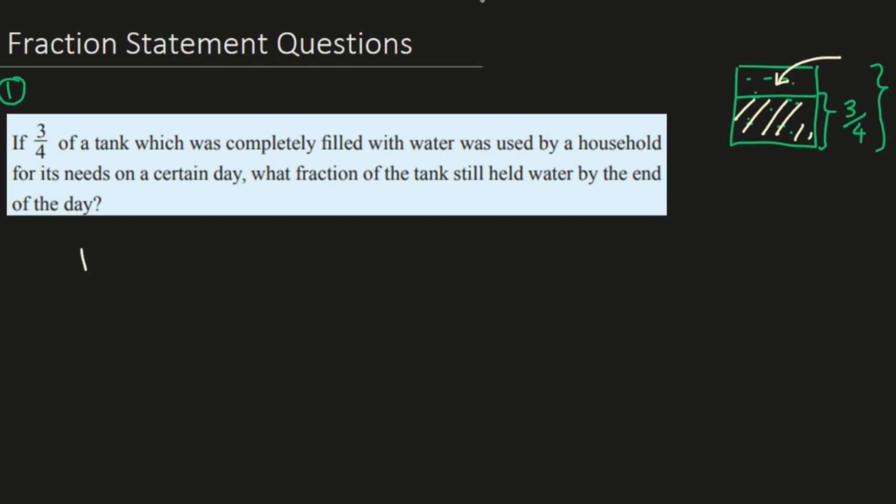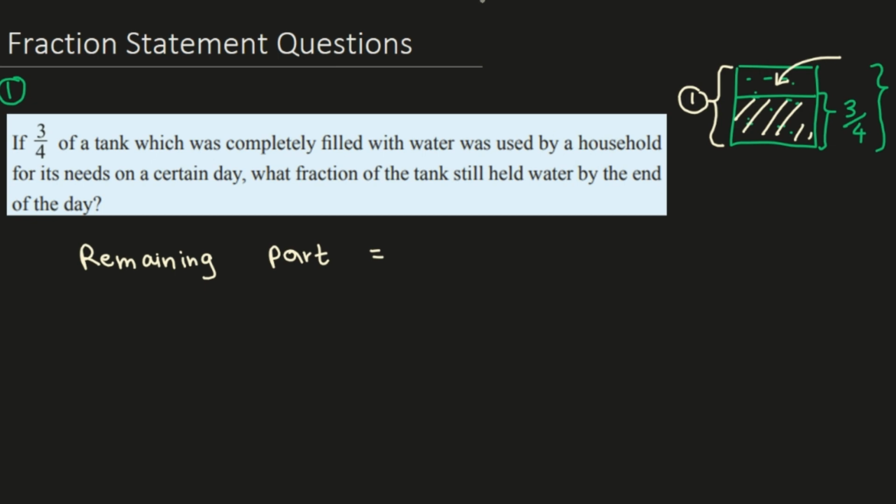So the remaining part, how do you find it? You know that the total amount of water that was held by this tank can be mentioned as 1, right?